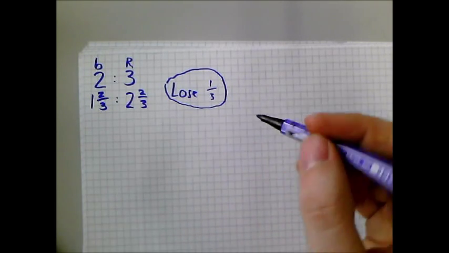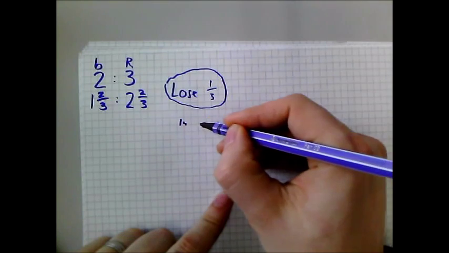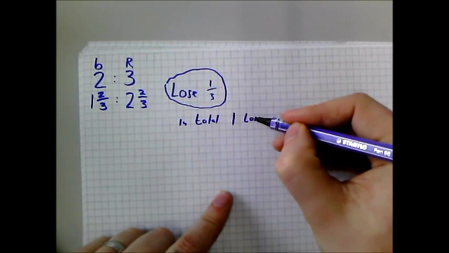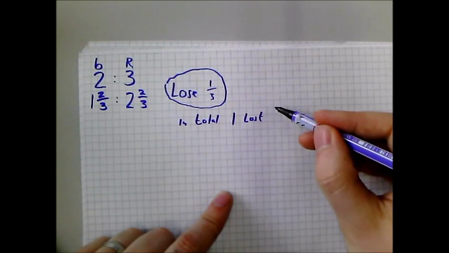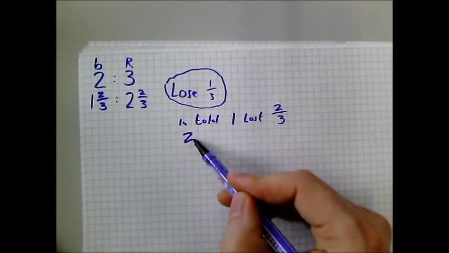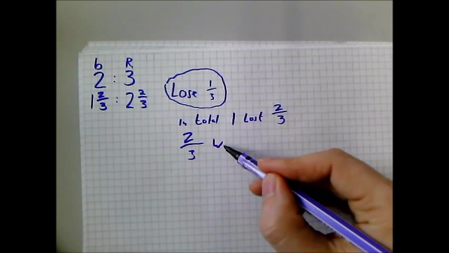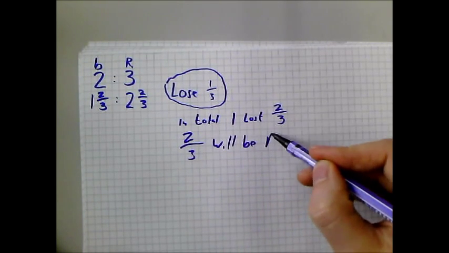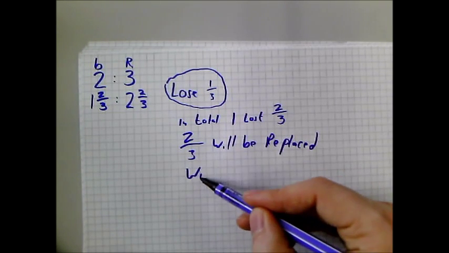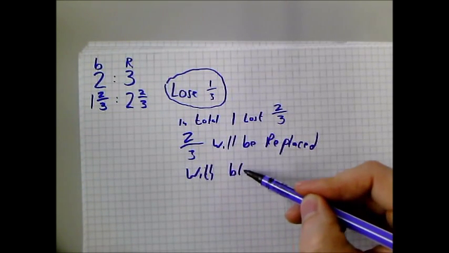Now, in total, I've lost 2/3 overall. Okay, so these 2/3 will be replaced with blue Smarties.